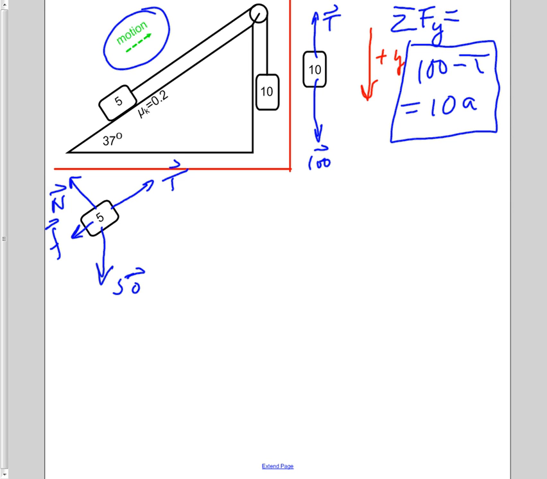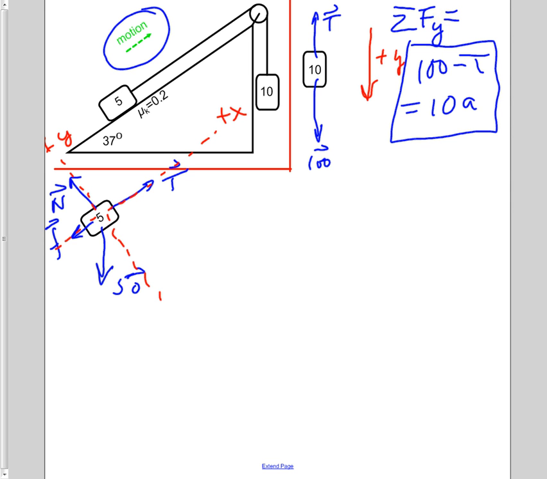Okay, choose a coordinate system. I'll choose my plus y like this, and plus x like this.